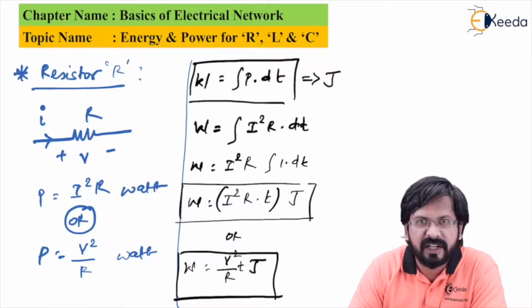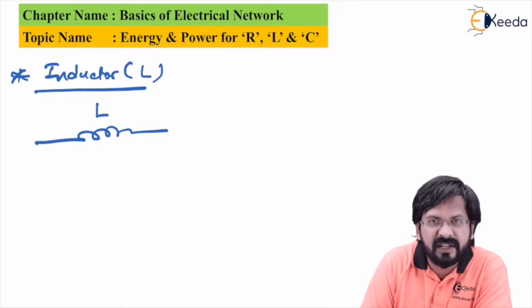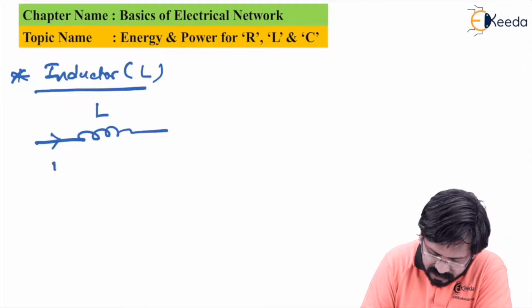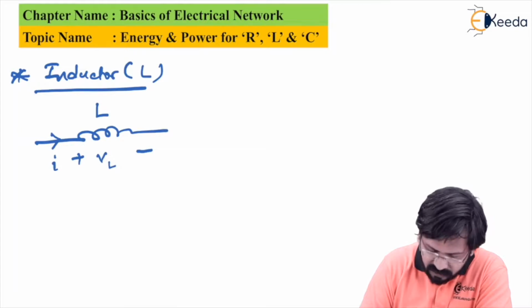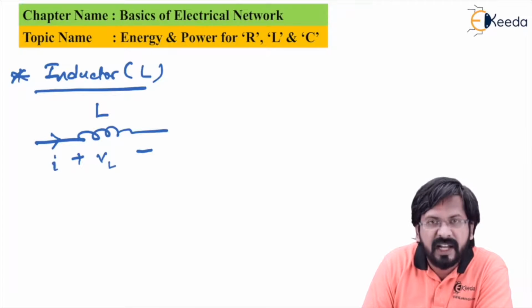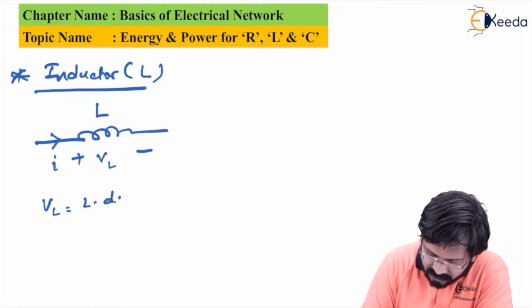So let us start with inductor now. Assume inductor with magnitude as L in Henry through which current is flowing, let's say I, and that is why there will be some voltage drop across L, let's say VL. We know the standard relation between VL, I and L in Henry, which is VL is equal to L times di by dt.